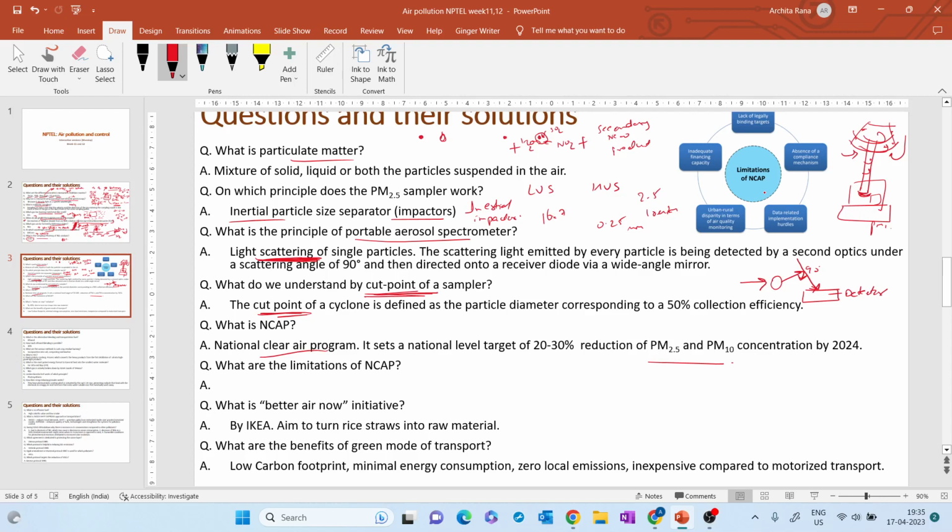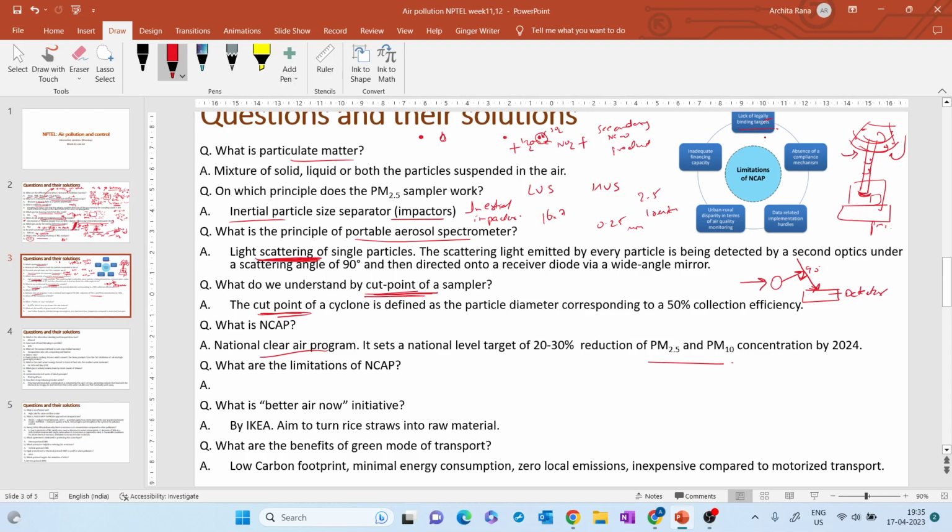If you are saying that you will reduce tropospheric ozone by 50% in the next 5 years, then you are bound by the government of India, which will ask why you have not done it in 5 years. So whatever statement you make, you have to make sure that it is attainable. That is why it is legally binding.